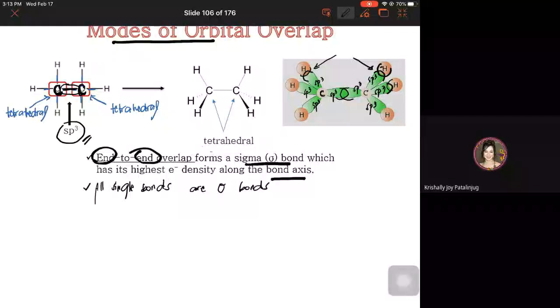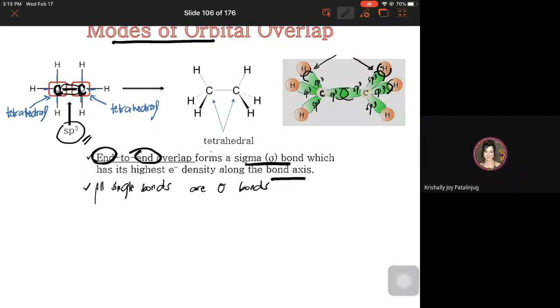That is end-to-end overlap, and that will form a sigma bond. So if you are asked, how many sigma bonds are formed in the molecule of ethane? You have 1, 2, 3, 4, 5, 6, and 7. Okay, there are a total of 7 sigma bonds.